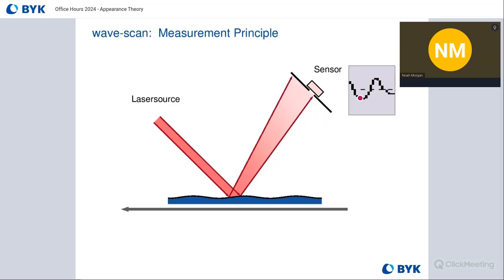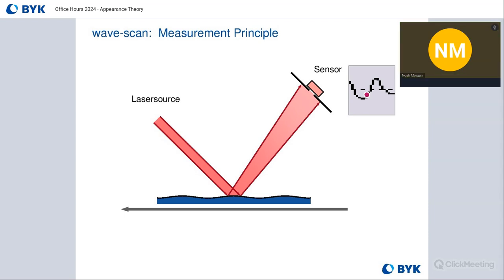So here's a nice example of what that looks like. As we roll the WaveScan across the surface, we can see that the structure of that surface will change the light intensity. In this picture, the light intensity is very little because not all the light is going back to that detector and sensor. Then as we roll across the surface, our optical profile changes, and a little more light gets reflected back towards that sensor.